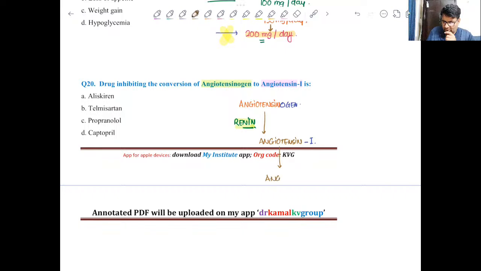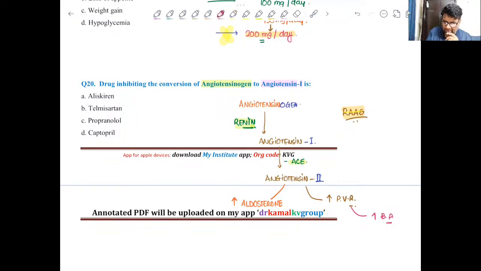It is finally converted into angiotensin 2, and this conversion is brought about by ACE, angiotensin converting enzyme. And then this angiotensin 2 is the main one which can cause release of aldosterone from adrenal cortex, and it can also increase peripheral vascular resistance, and this will finally increase the blood pressure. So this is all the renin angiotensin aldosterone system, clear? And this tries to increase the blood pressure.